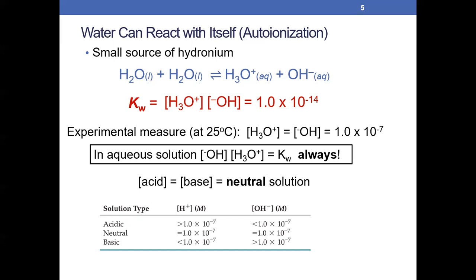If we have an excess of OH minus in solution, we would consider it to be basic. If those concentrations are equal to each other, then we are under neutral conditions. So we can look at the relationship between these two concentrations to help us determine whether we're under acidic, basic, or neutral conditions.